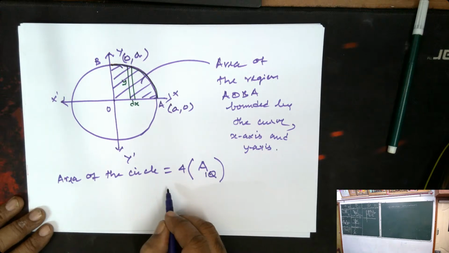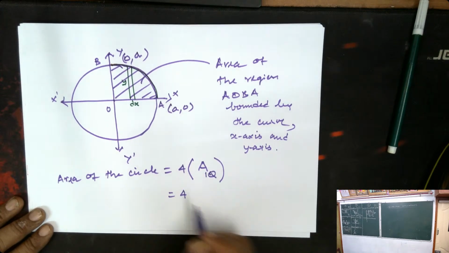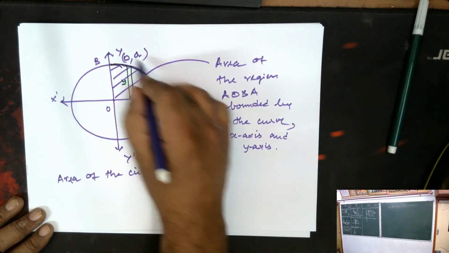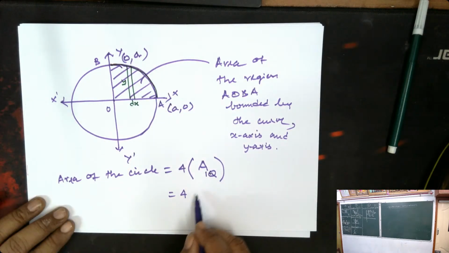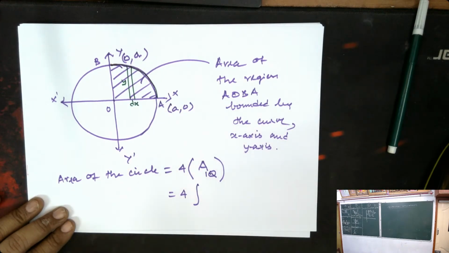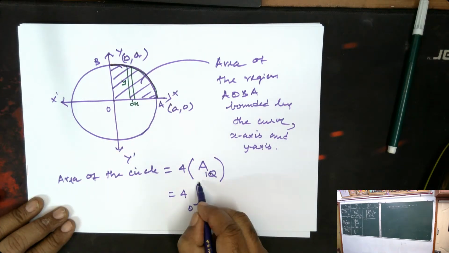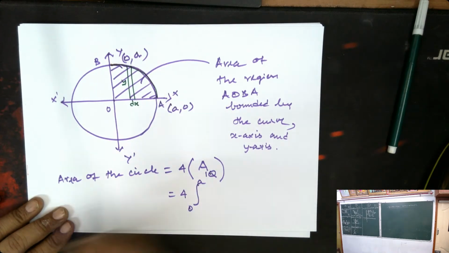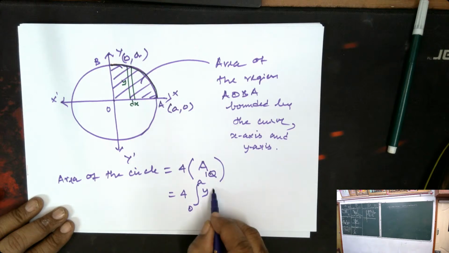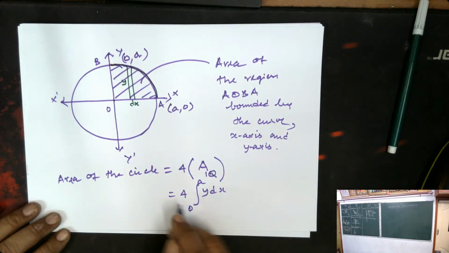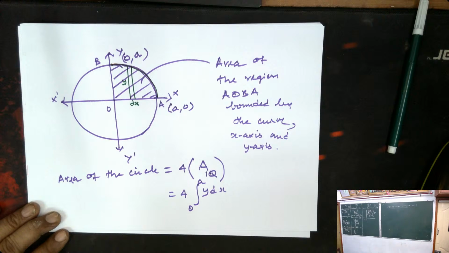So 4 into, what about the area under the curve, how is it represented? Integral between the limits 0 and a on the x-axis. So you can put y dx. So this is the way we can calculate the area of the circle, right?